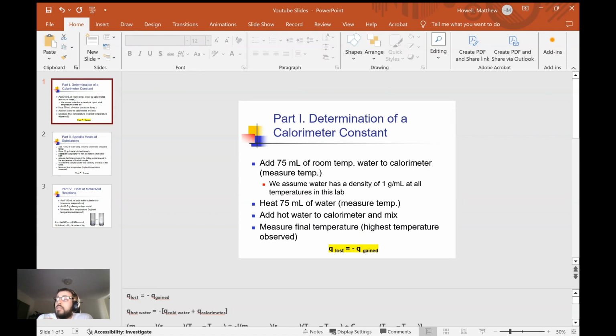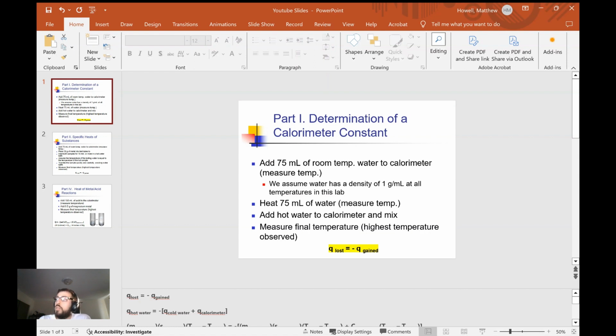And so the second part was having that calorimeter constant information in hand. We took some metal that we heated up in a water bath, dumped it into a calorimeter with cold water, and used that temperature change information to determine the specific heat of a metal.